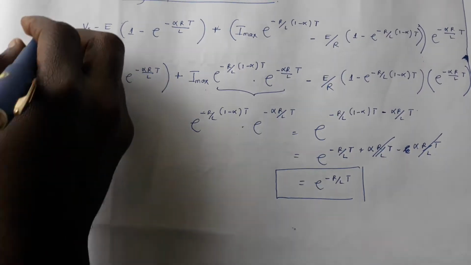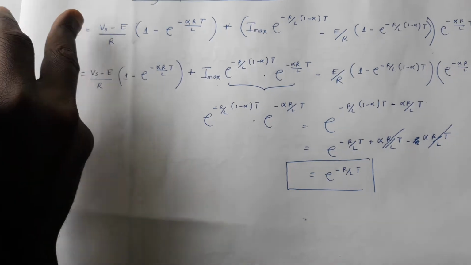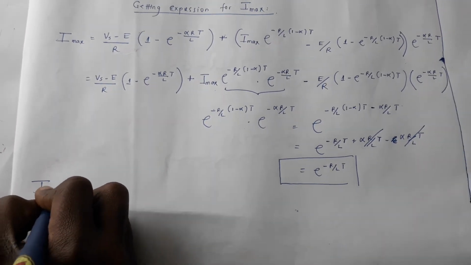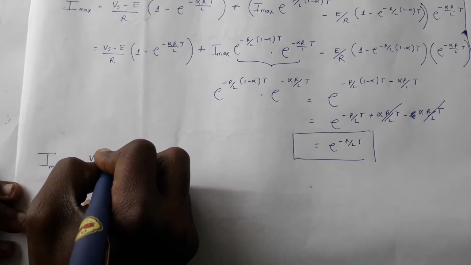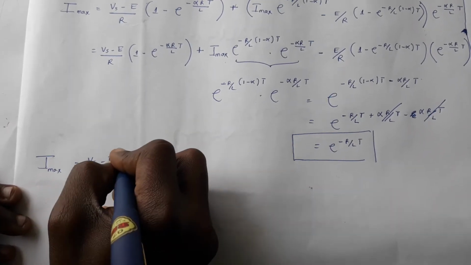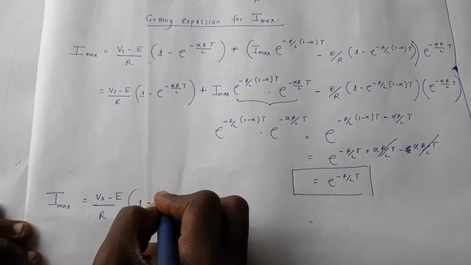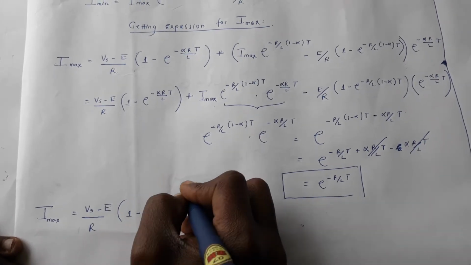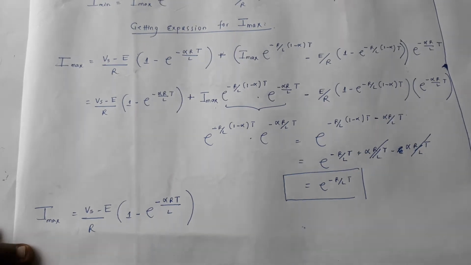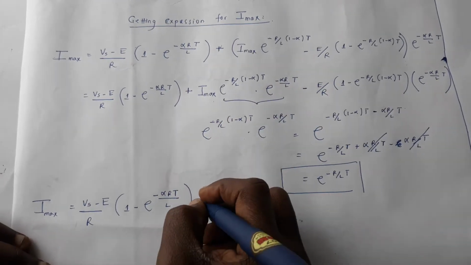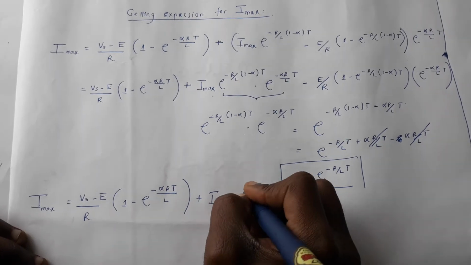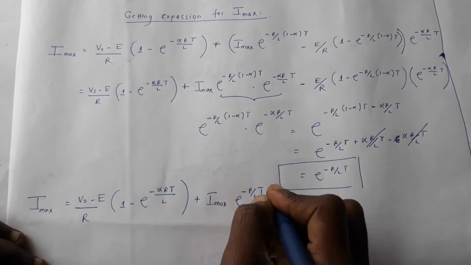So we can rewrite our expression here. Imax equals Vs minus E over R, 1 minus exponential minus alpha RT over L. Okay, so this times this gave us Imax exponential minus R over LT.